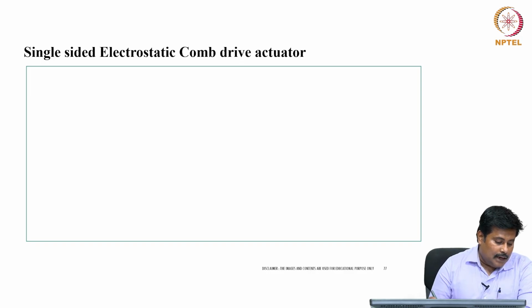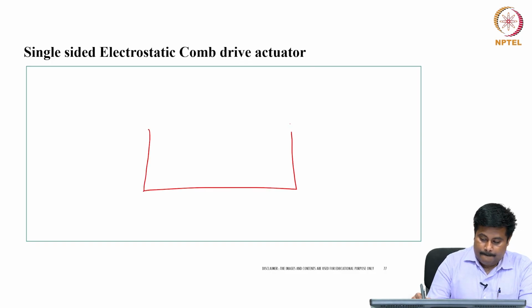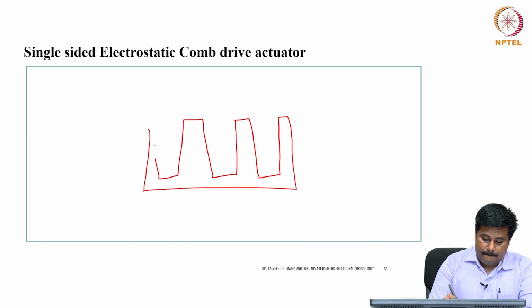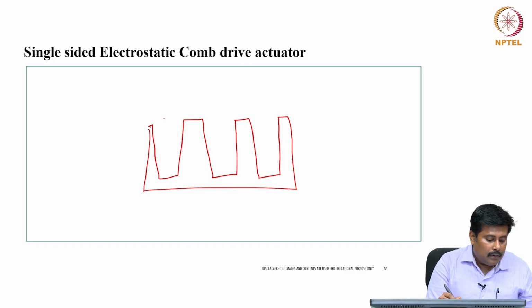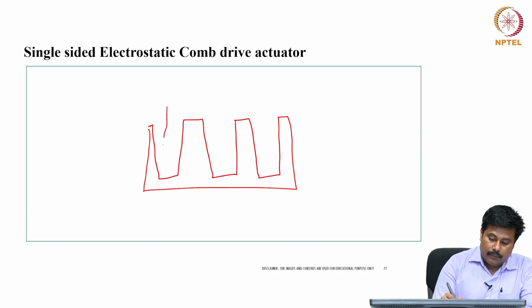As far as the single sided actuator is concerned, this is a kind of electrostatic comb drive which is used in a movable micro system with a nonlinear spring. The system looks something like this.